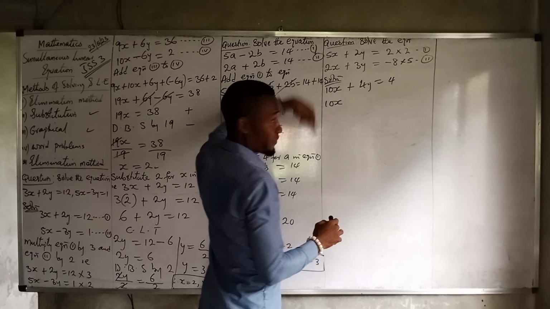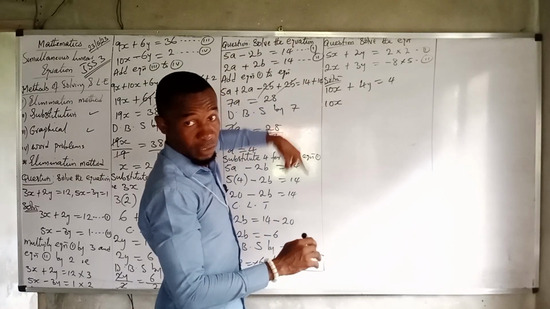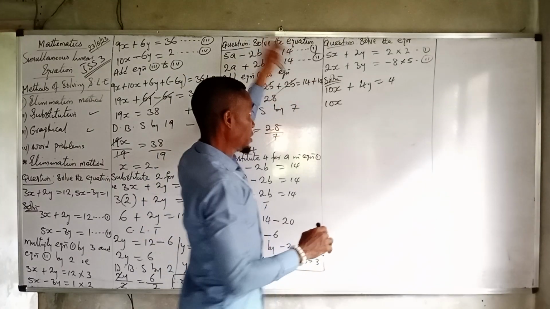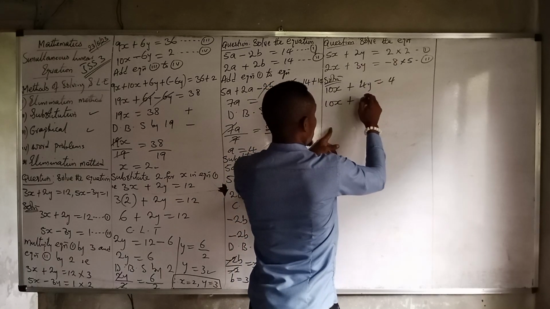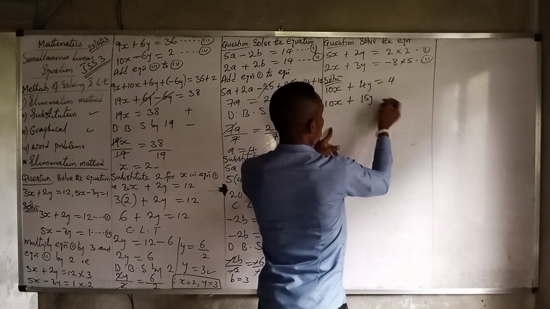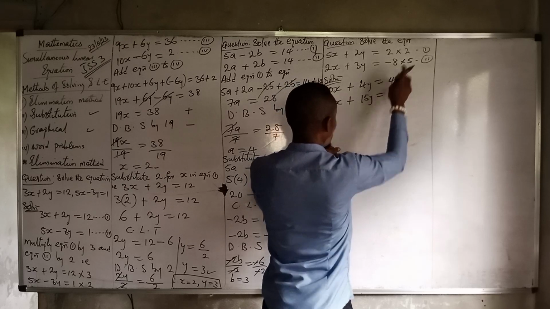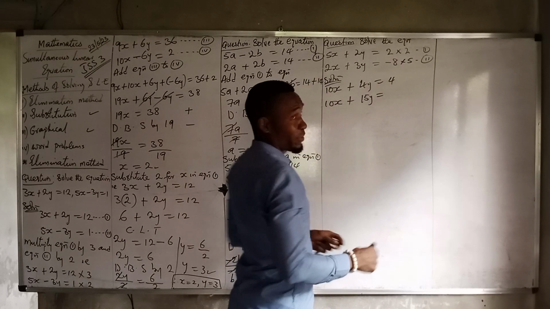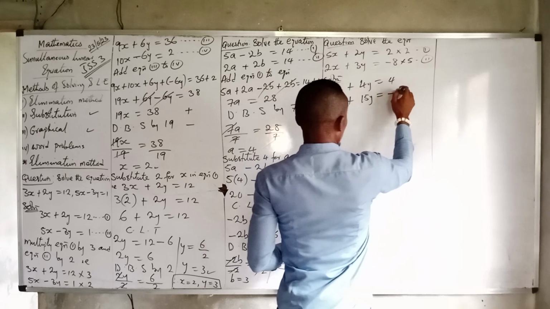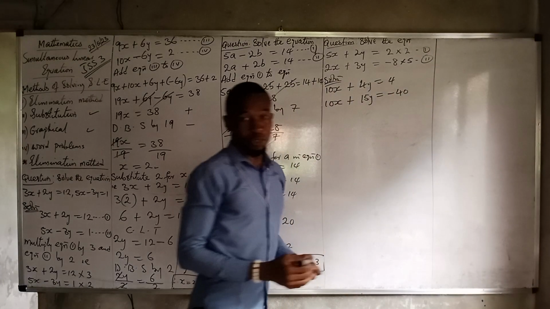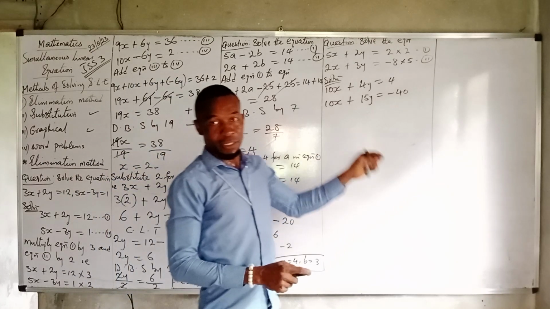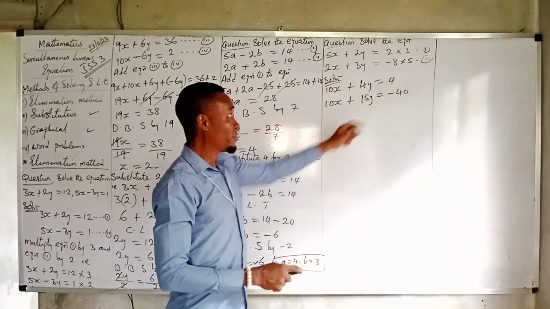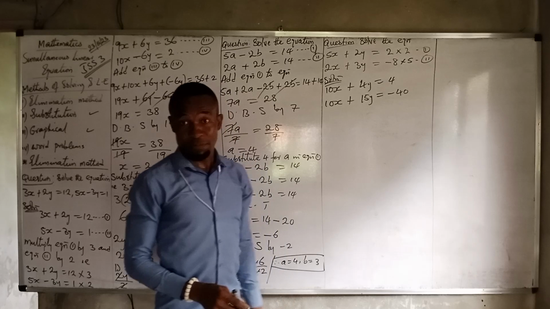You can see I have the same coefficient for x in both. Then 5 times minus 3y gives minus 15y, equals 5 times minus 8, which gives minus 40.